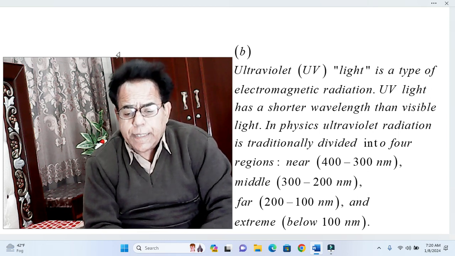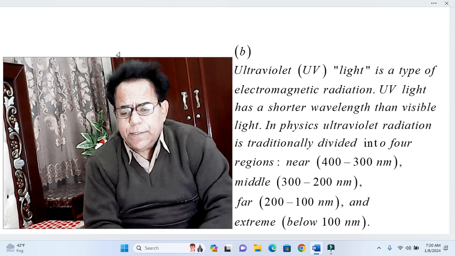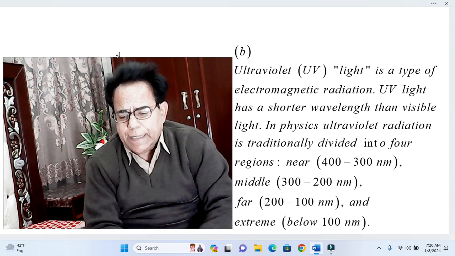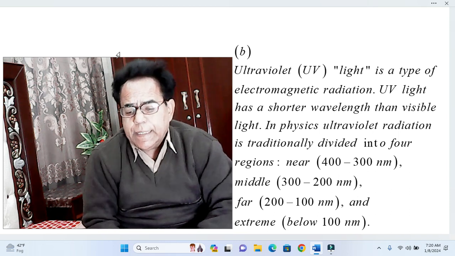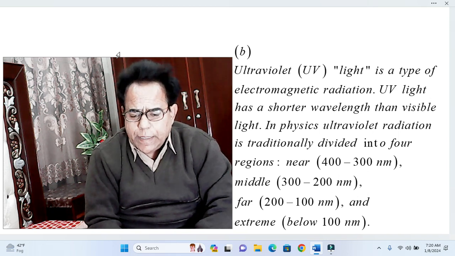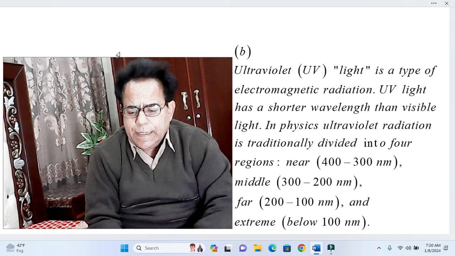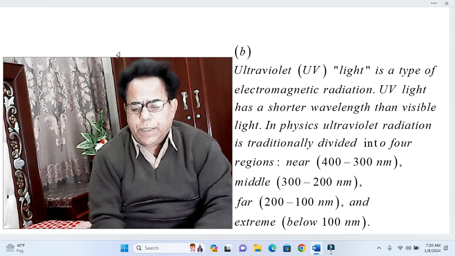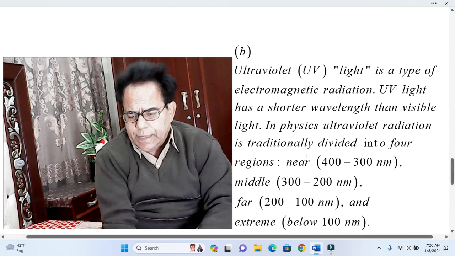Ultraviolet, that is UV light, is a type of electromagnetic radiation. Ultraviolet light has a shorter wavelength than visible light. In physics, ultraviolet radiation is traditionally divided into four regions. Which four regions?